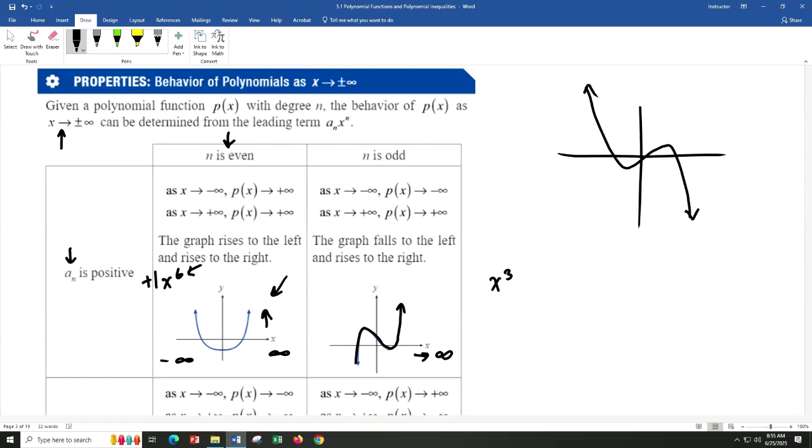Without even looking at anything else on here, just look at this. If you're going this direction, the x, we know we're going negative infinity, right? If we're going this direction, we know we're going positive. Let's use the green here. As it's going this direction, where's it going? Yeah, negative infinity. Here, the negative infinity is going to positive.